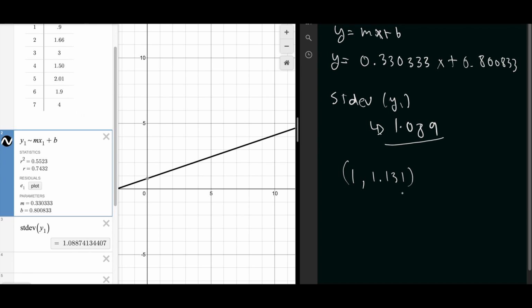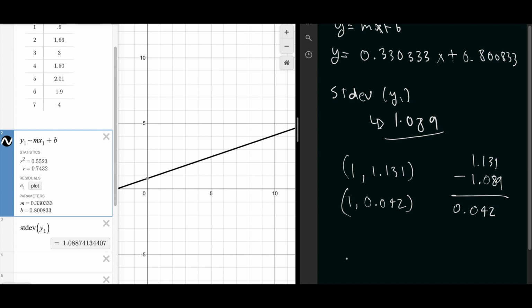So let's subtract 1.131 minus 1.089. And what we'll get is 0.042. So the bottom line of this channel should be at 0.042. The price point of the lower channel 1 hour after market open should be 4 cents.